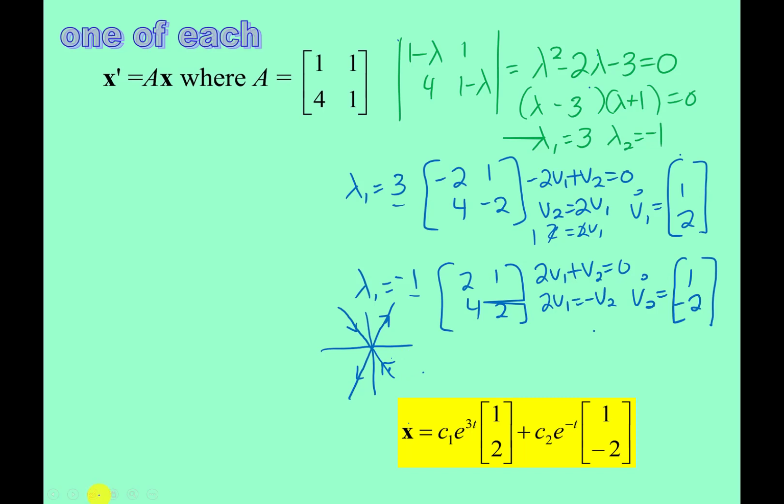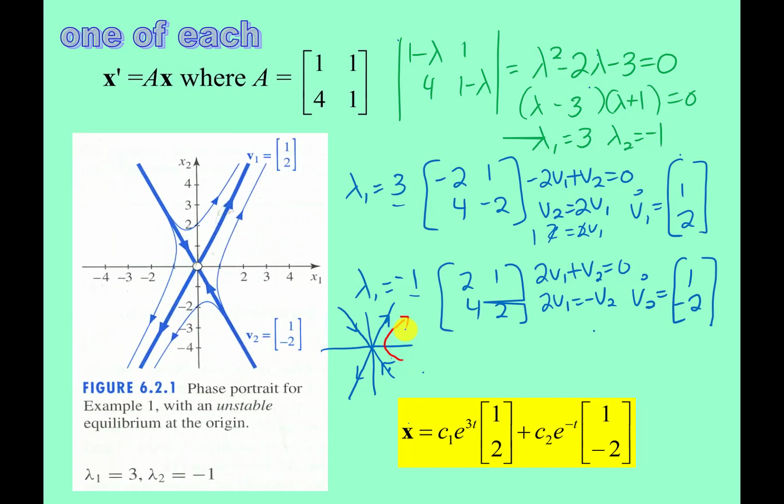So when we look at the curves, they're going to want to try and head in some, but then that positive is going to make them go out. Here is a graph of the phase portrait. The equilibrium solution at the origin is still unstable, because even though this one makes it want to head towards the origin, this one is going to ultimately dominate, and the solutions will go to infinity or negative infinity.